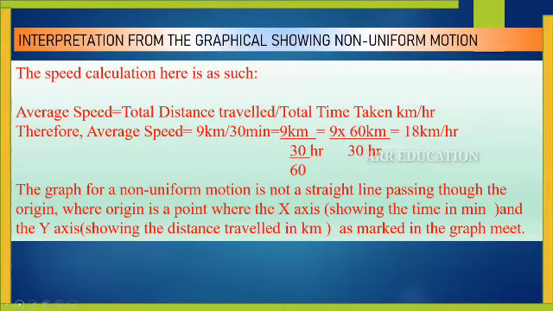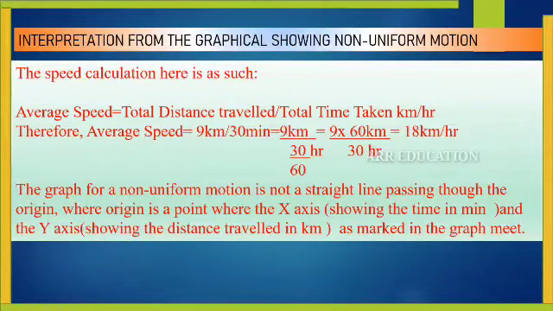Everything will be a little similar, just a little difference will be there for this calculation for uniform motion and non-uniform motion. So the fraction will be 9 kilometers into 60 by 30 hours, which gives us 540 kilometers by 30 hours. And to simplify the fraction, as we did before, we need to divide 540 kilometers by 30 hours.